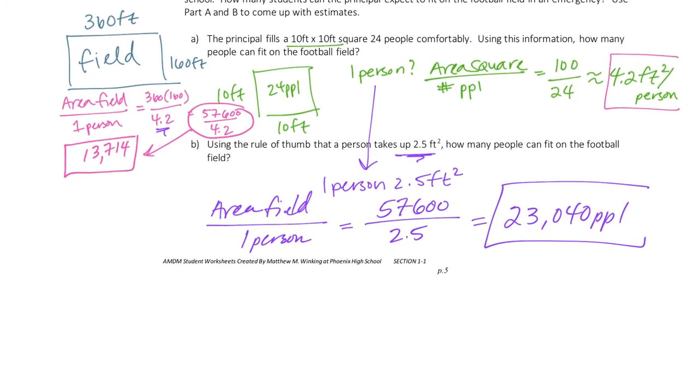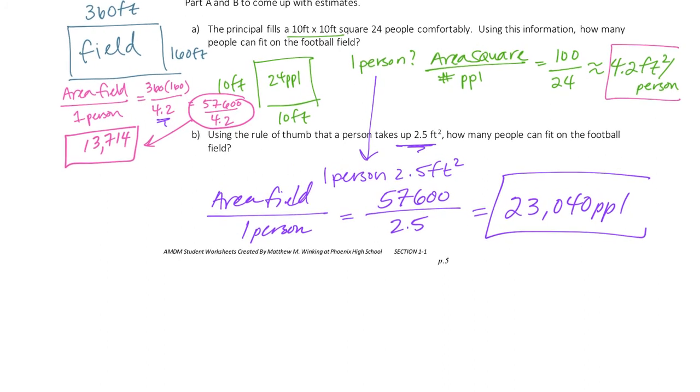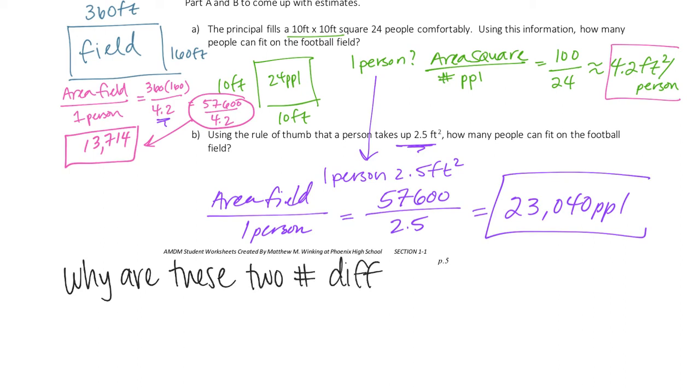So now we need to ask ourselves, why are these two numbers different? What are some factors that could make this happen? One of our estimates was close to 14,000 and the other estimate was 23,000. Those are two different numbers. So why is one more than the other?